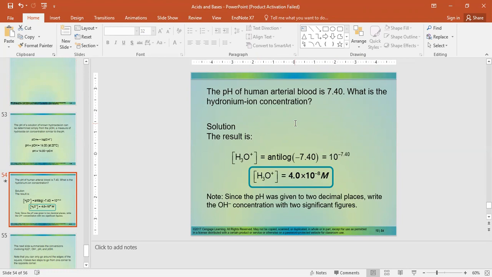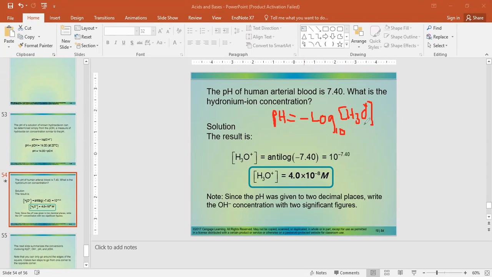Now, you move from the logarithm to the anti-logarithm, because pH is equal to negative log to base 10 of the concentration of the hydronium ion.